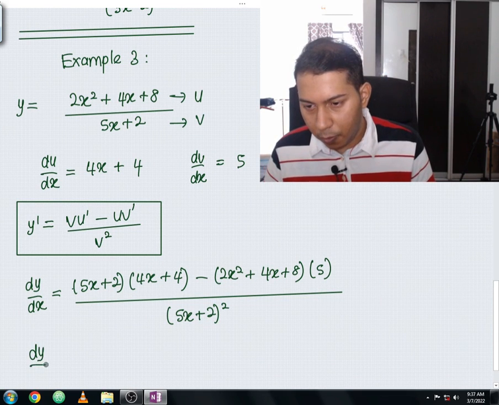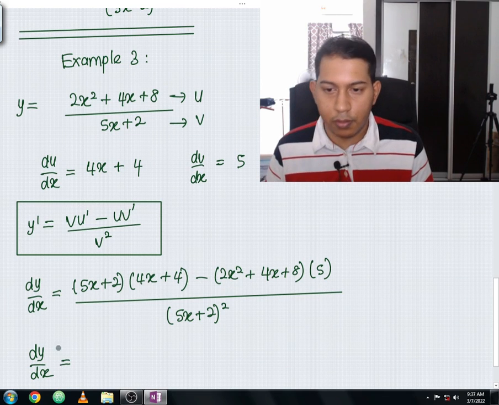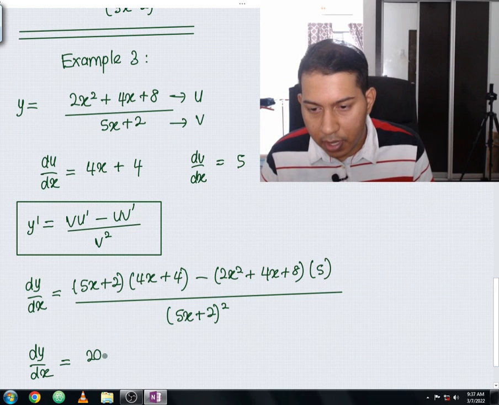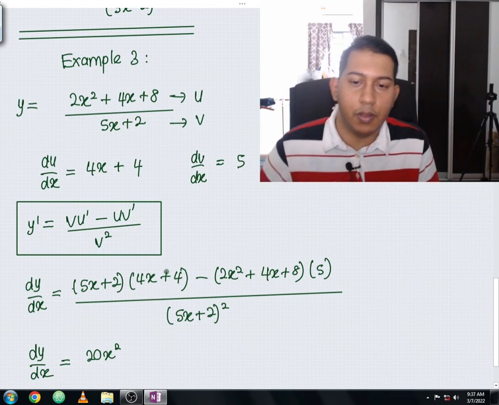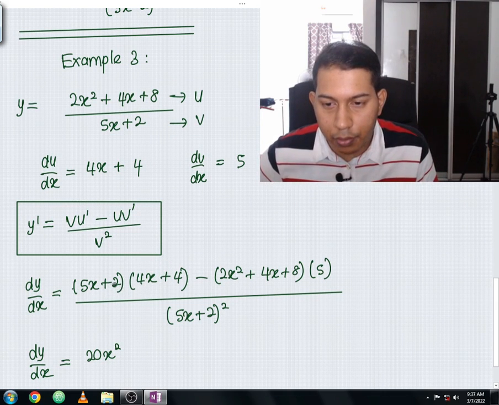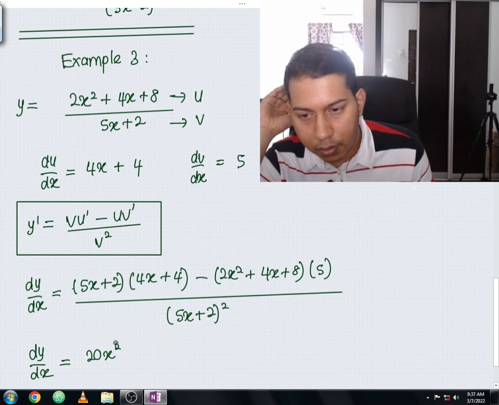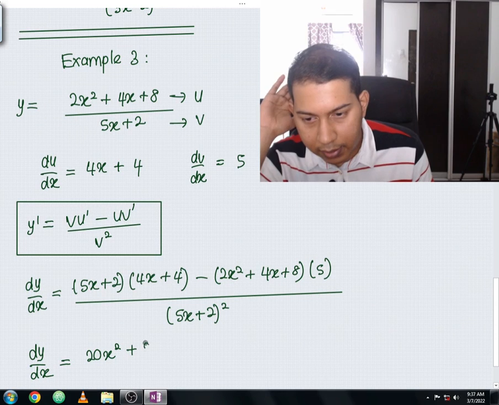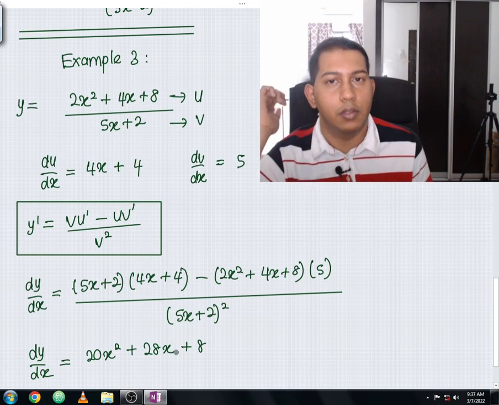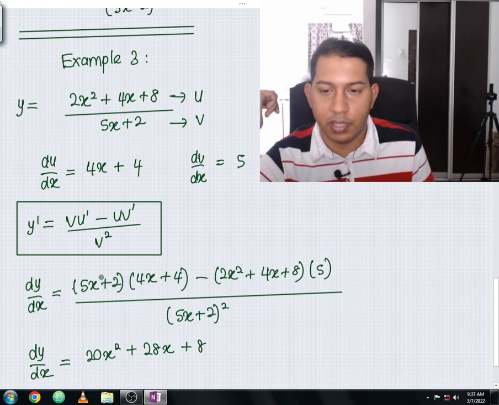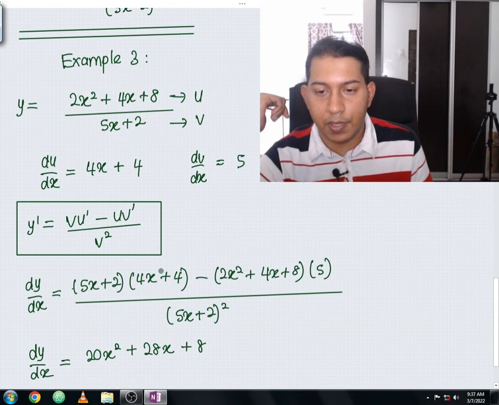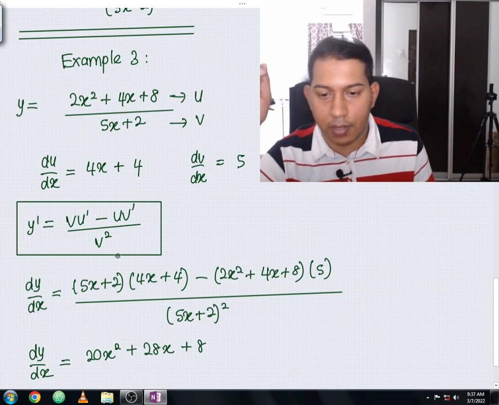So from here, dy over dx is equal to, let us perform the expansion. 5x times 4x is 20x squared. 5x times 4 is 20x, 2 times 4x is 8x, so 20x plus 8x, that's how you get this 28x. Basically I just skipped one step, guys. 2 times 4, you get 8.